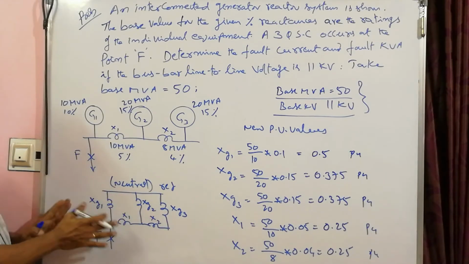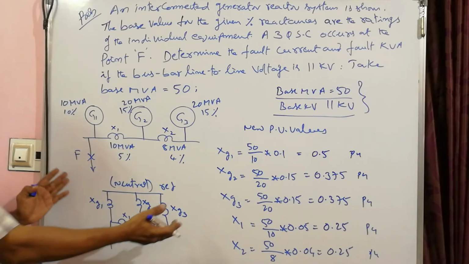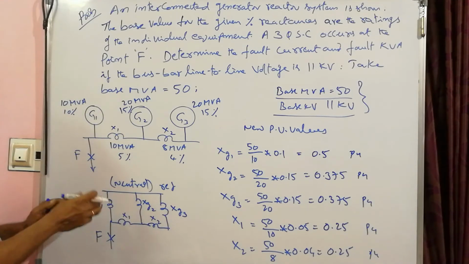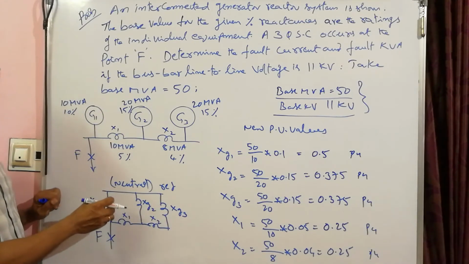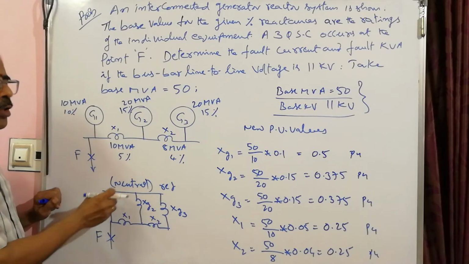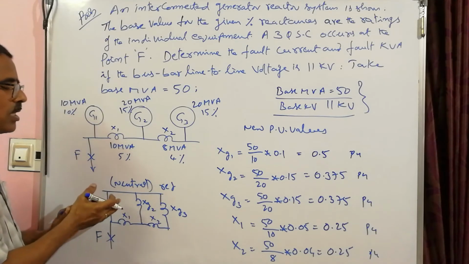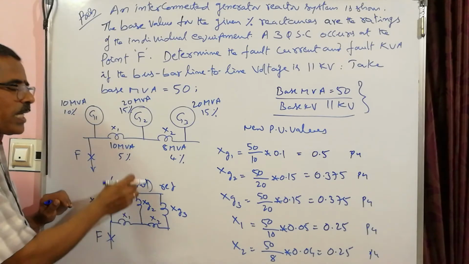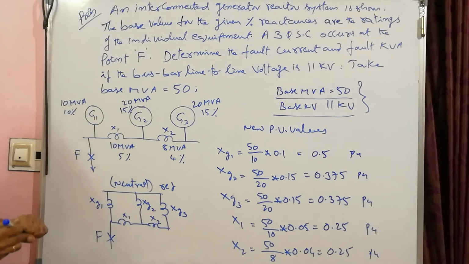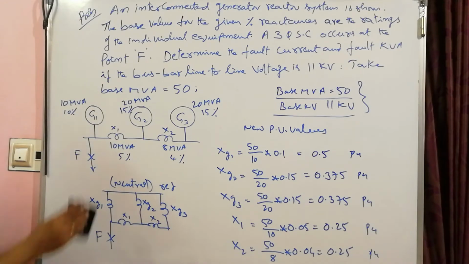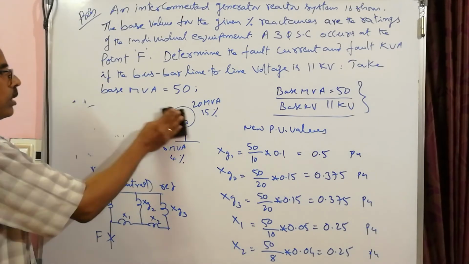So once this is drawn, the latter part is to condense this and obtain the single equivalent per unit reactance under fault condition. That means you reduce this, find out what is the equivalent reactance, that is ZF. So that I will be doing.